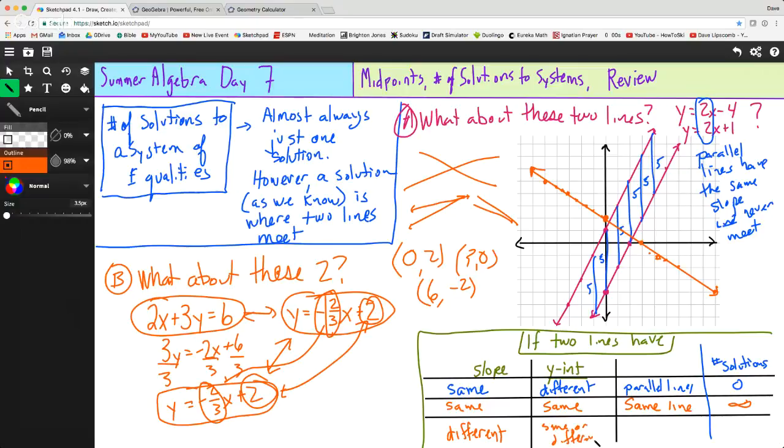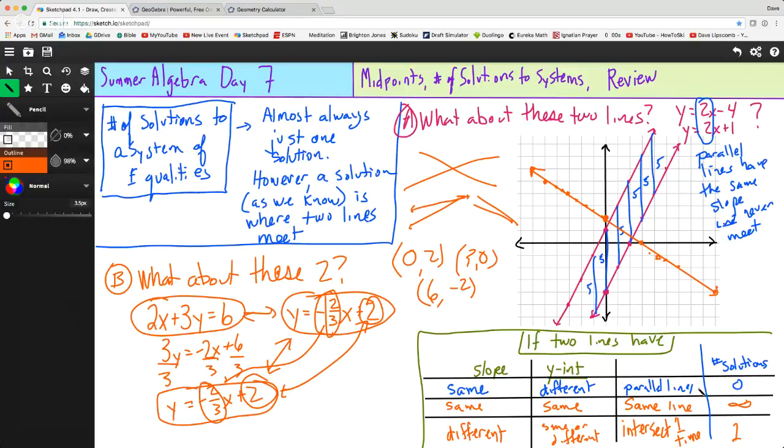They will intersect one time. And I think we did this more in class. And so the number of solutions is 1. So two lines will either intersect 0 times if they're parallel, 1 time if they have different slopes, or if they're the same line, they have an infinite number of points in common, because there's an infinite number of points on any given line.